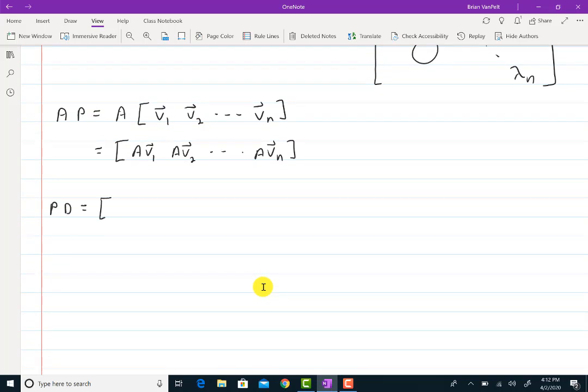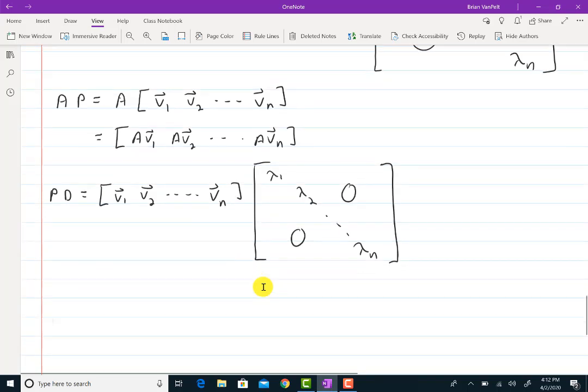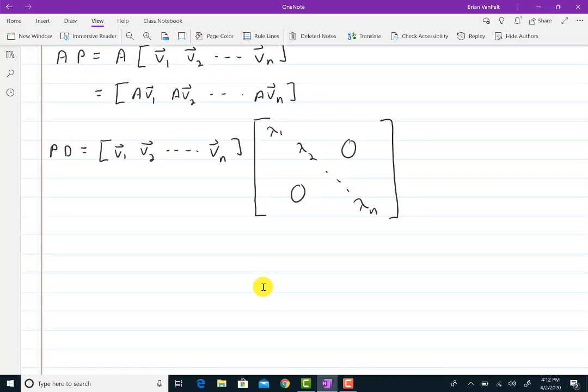So we have V1, V2, Vn, times lambda 1, lambda 2, lambda n, but zeros elsewhere. This is an n by n matrix.